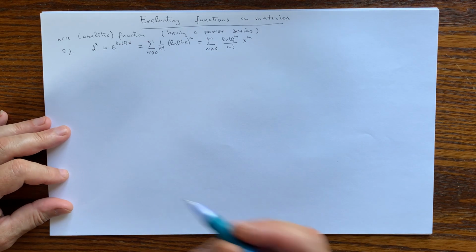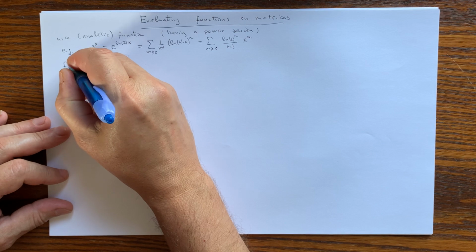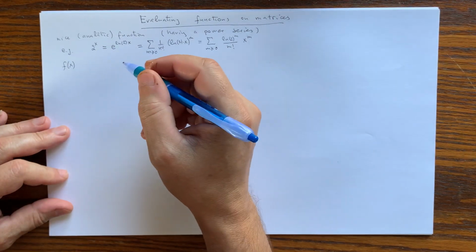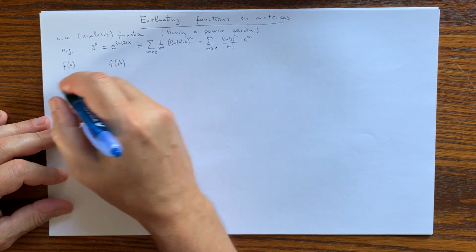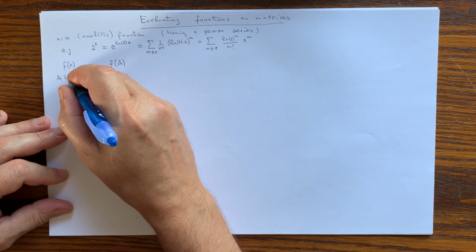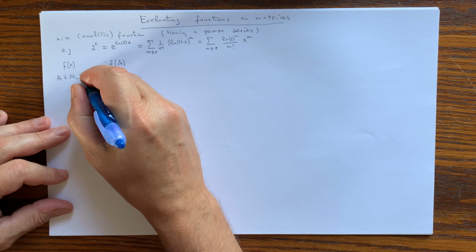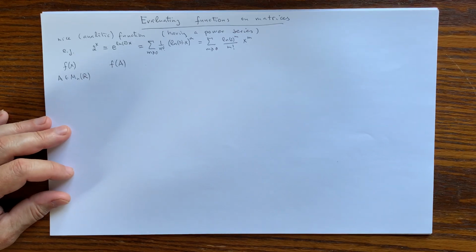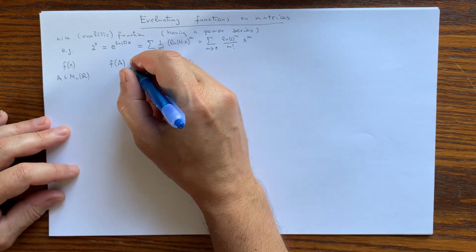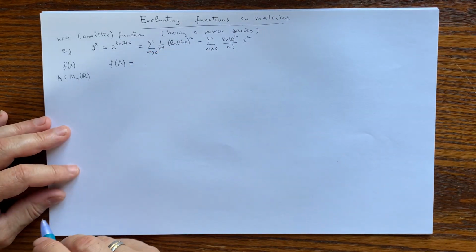So let's imagine we have such a nice analytic function and we want to compute the value on some matrix. That would be a square matrix with real coefficients. Again, the reasons for that will have to come later. First, how we can do it?